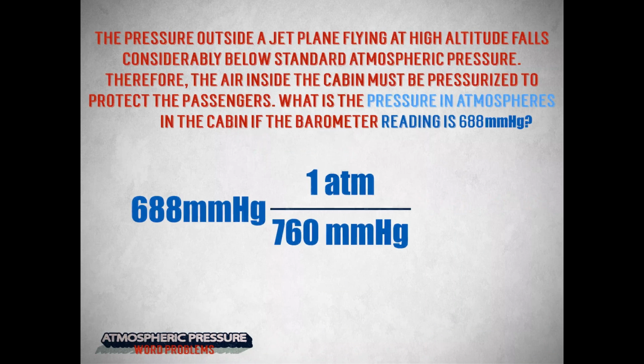So here's our conversion factor. Now this is going to allow us to get rid of the unit millimeters mercury and get atmospheres. After that, we just do arithmetic, which essentially goes down to 688 divided by 760, which gives us 0.905 atmospheres.